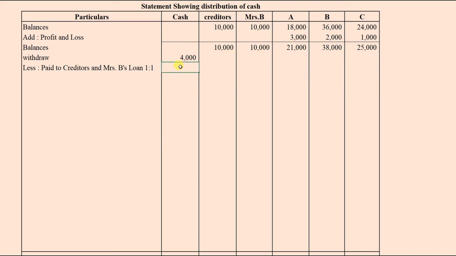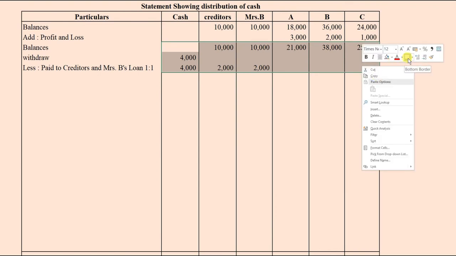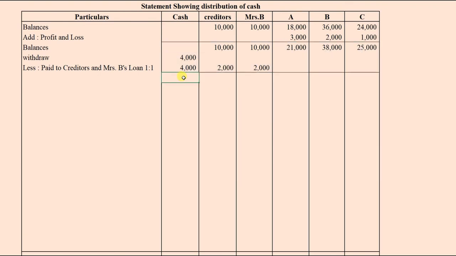So rupees 4,000 will be distributed as per 1:1, 2,000 to the creditors and Mrs. B 2,000. So we will subtract from it. Here balance is 0, 8,000, 8,000, 21,000, 38,000 and 25,000.